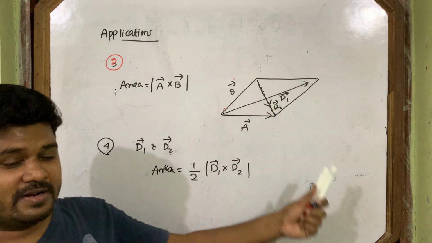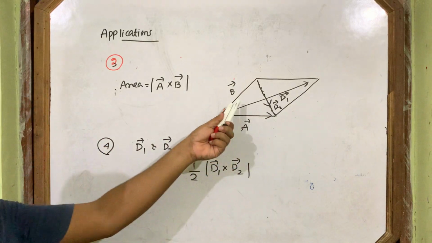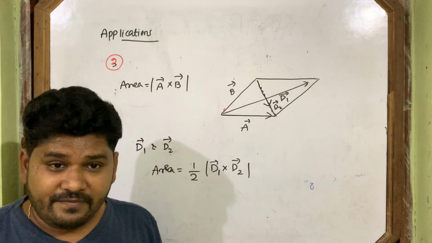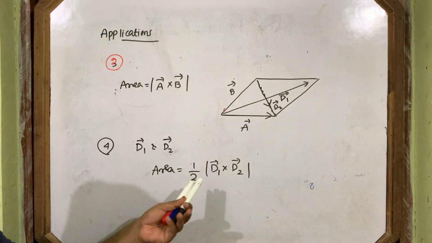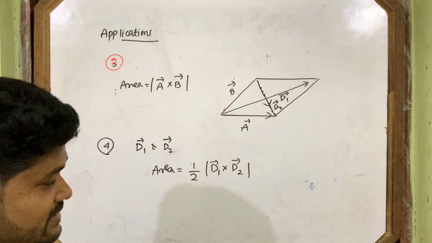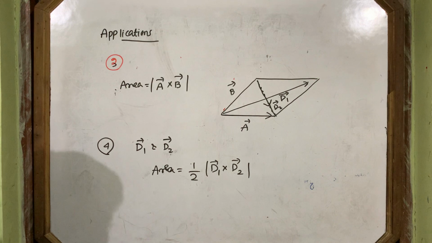This is the area of the parallelogram if the two diagonals are given to you.